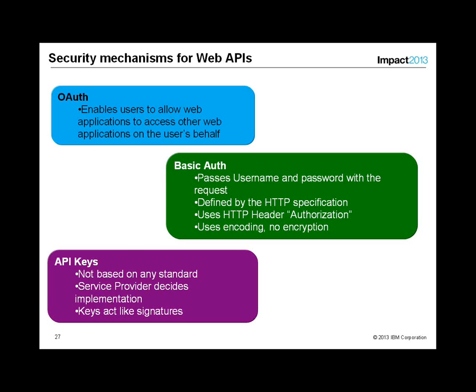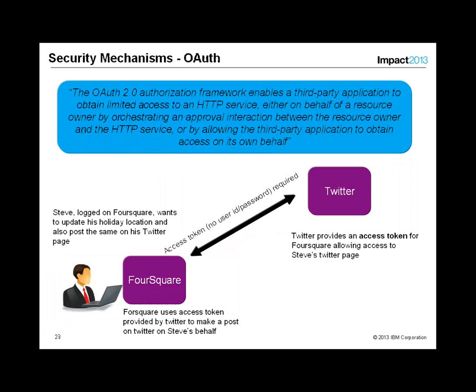As I said, OAuth 2.0 is basically an authorization framework that does the orchestration between two web applications, right? Here, for lack of a better example, if you're on Foursquare and you want to post something on your Twitter profile, right? What Twitter gives back to Foursquare is an access token, right?